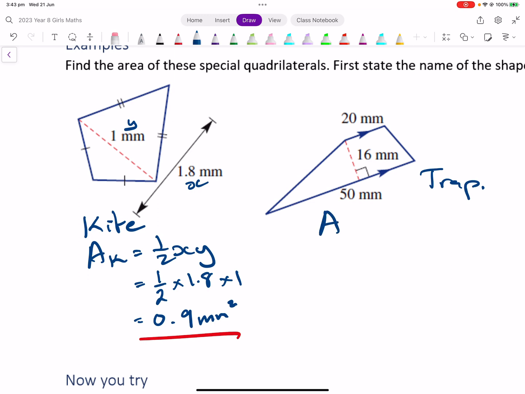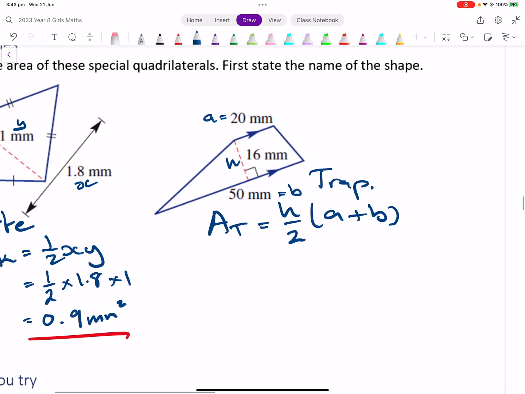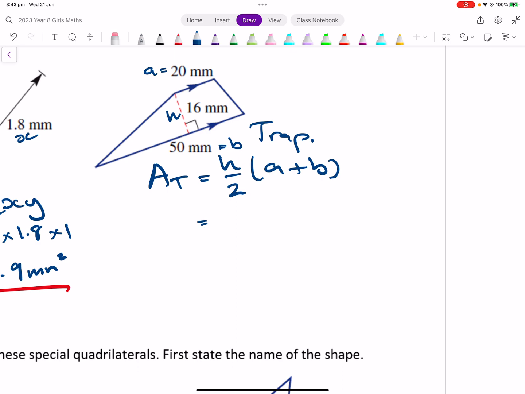What is the formula for the area of a trapezium? It is H on 2 times A plus B. Now, what were those things again? Oh, that's right. H is the distance between the two parallel sides, and A was one of the sides, and B was the other side. So I can just substitute those values, and I should be able to calculate an answer.